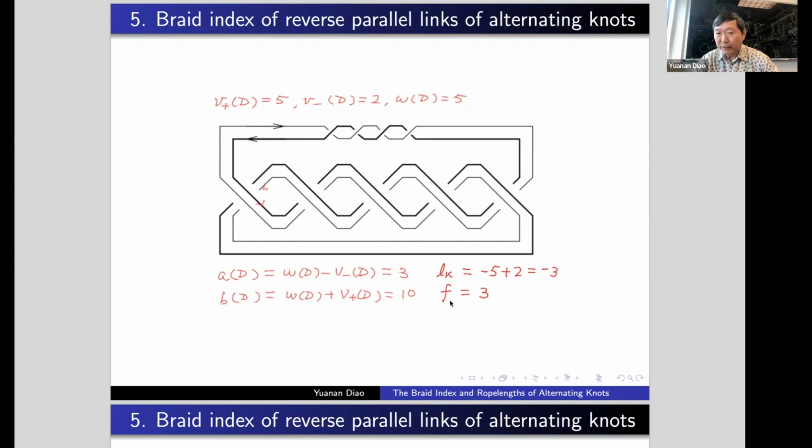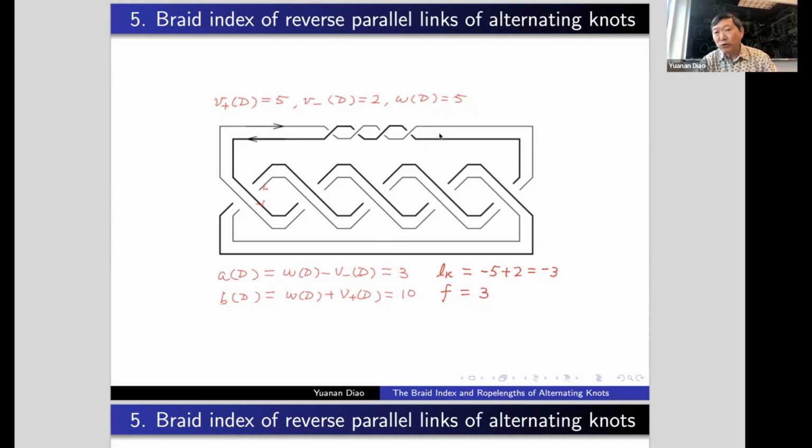And remember, our framing is the negative of our linking number, so our framing is 3. Therefore, your F is between 3 and 10. And therefore, the Braid index for this particular guy would be the crossing number of the original link, which is 5, plus 2. So the Braid index for this guy would be 7.